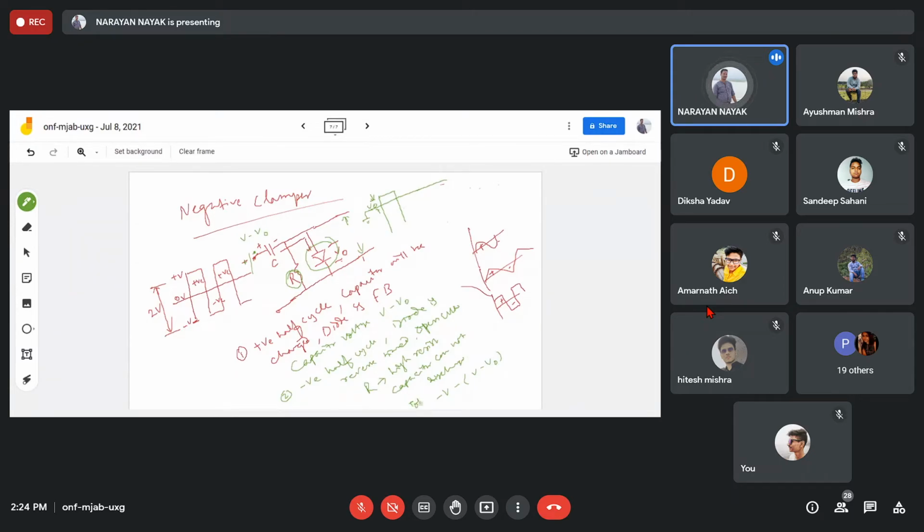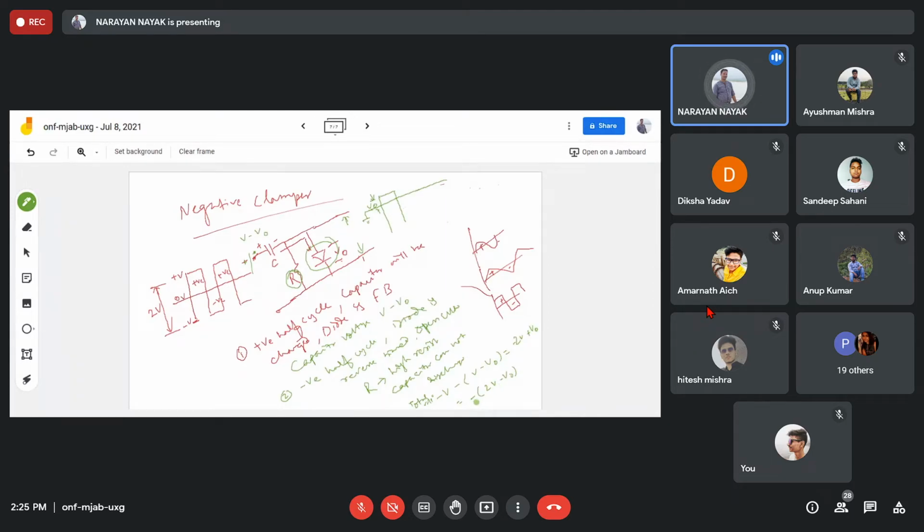This is your total voltage: minus, minus is a minus 2V plus V0. So we represent it as minus 2V minus V0.